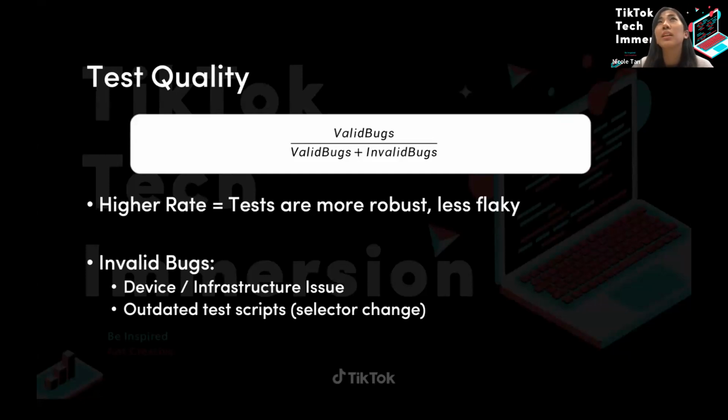Maybe the cloud device where we're running our tests is not stable enough, maybe they fail, or they cause some network issues. That is called an invalid bug. Another one is outdated test scripts. Maybe the developer changed the selector, which makes UI testing a bit harder. This is also part of an invalid bug. So invalid bugs help us find what we need to optimize to keep our tests stable and to keep our tests true. Can we believe that it is a true failure? So that's test quality.